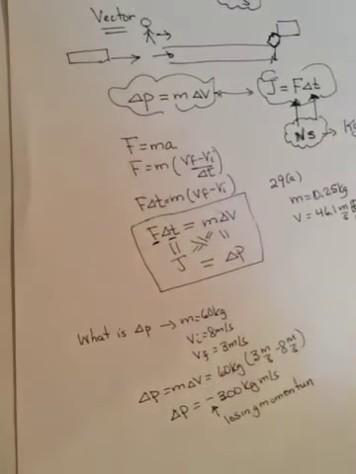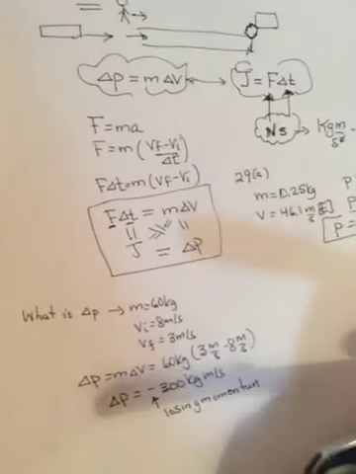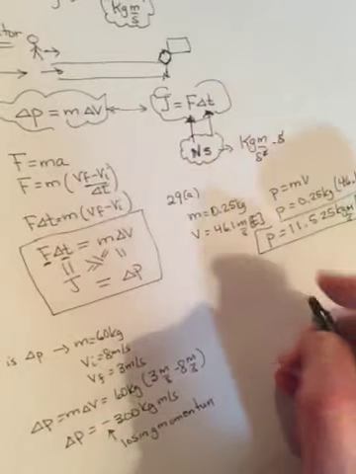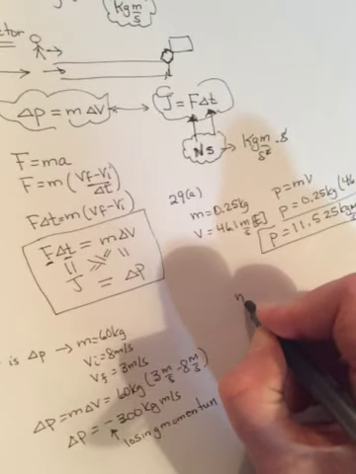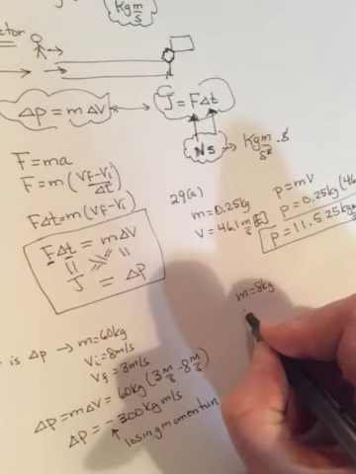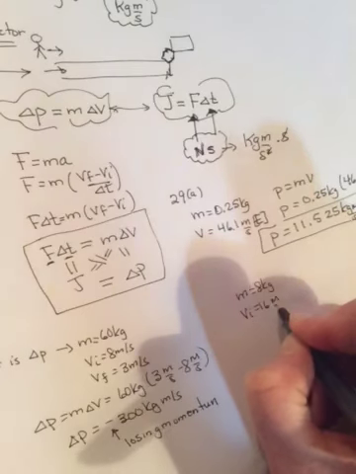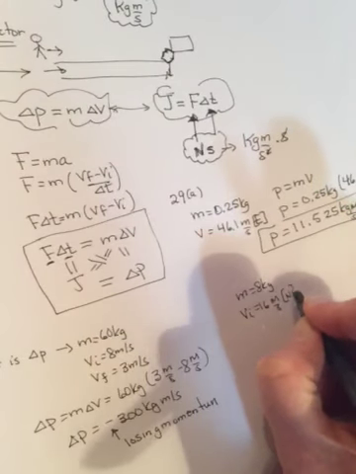Okay, and then if we did an example with impulse, it might be something like an 8 kilogram object, so mass is 8 kilograms, is moving 16 meters per second north, so vi is 16 meters per second north.